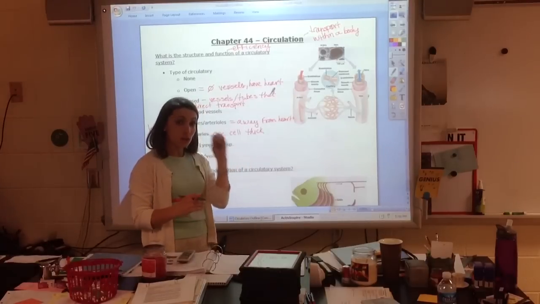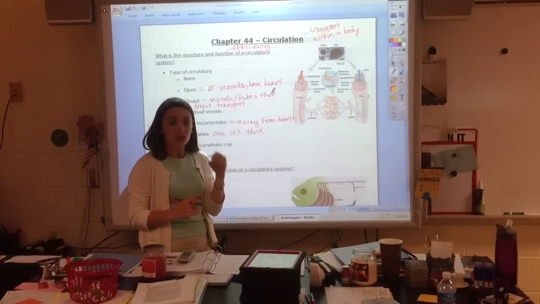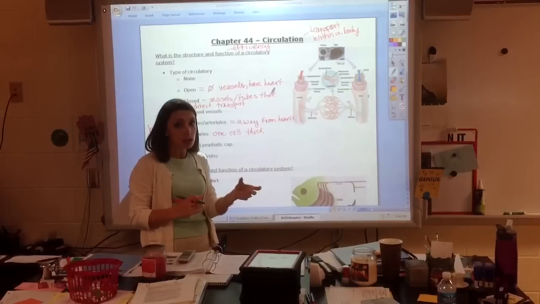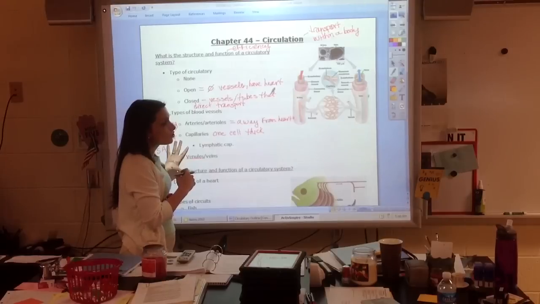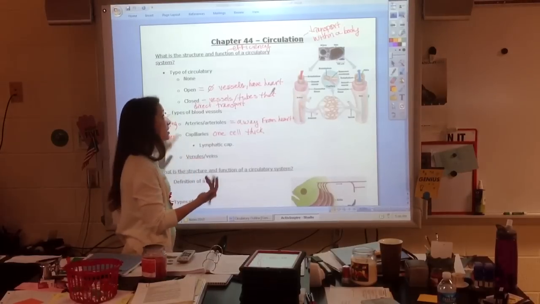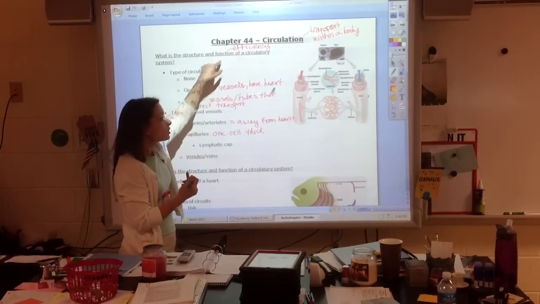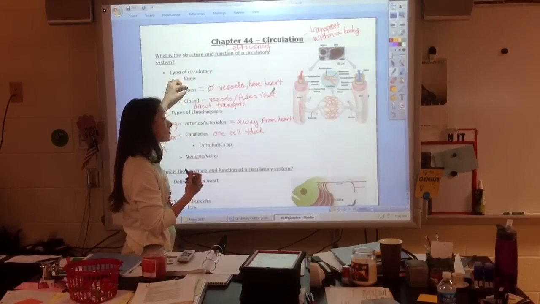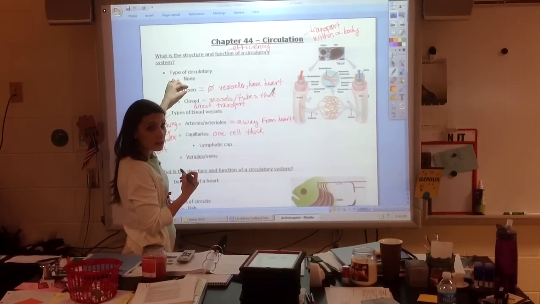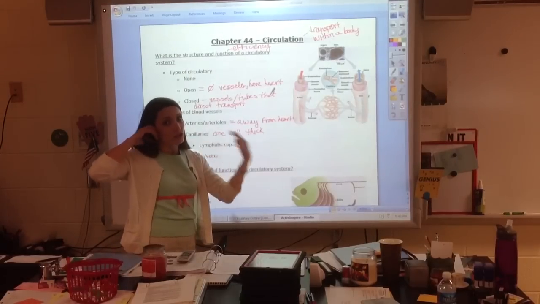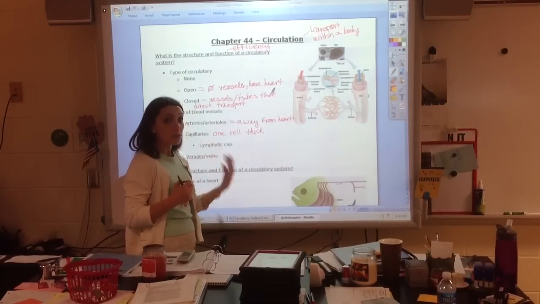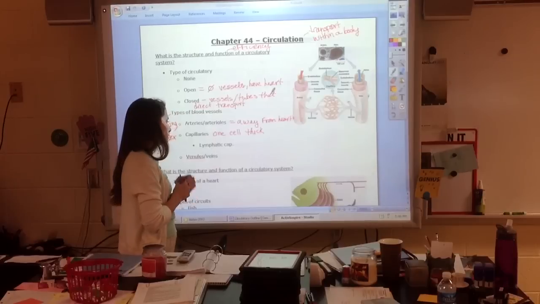Do you have tubes to transport specifically to certain regions? Keep in mind that if I have tubes to transport to a specific region, I'm going to be much more efficient. So if we look at the organisms that have an open system rather than a closed one, they're not going to be able to grow very large because they can't direct the flow of blood in their body.